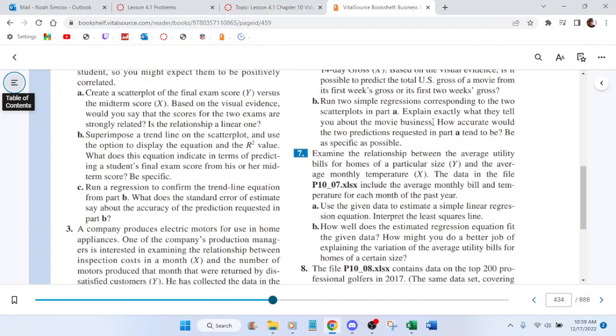The data includes... estimate a simple linear regression equation. Interpret the least squares line. How well does the estimated regression fit the given data? How might you do a better job of explaining the variation of the average utility bills for homes of a certain size?